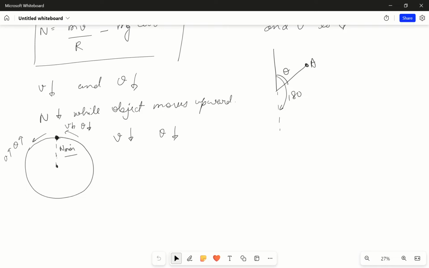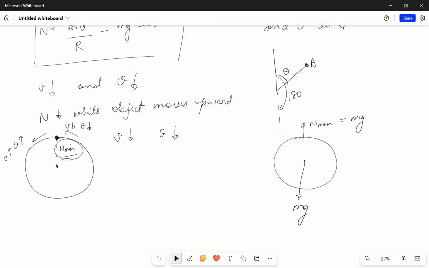So we have to find this minimum normal such that the ring leaves the contact with the ground, right? It is clear that normal minimum would be equal to mg. Why? Because this normal is applied on the ring and some gravitational force was also there.